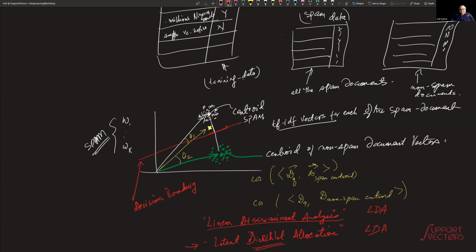You do the cosine with the spam centroid, you do the cosine with the non-spam centroid, and then you're done. You have already been able to tell whether it is spam or not. You'll be very surprised how often this gives you results comparable to or better than some of the state-of-the-art modern newfangled methods.